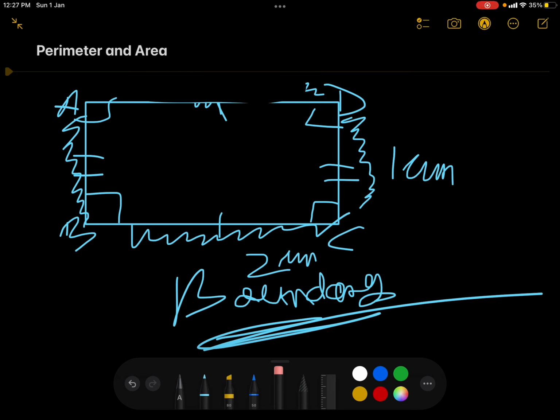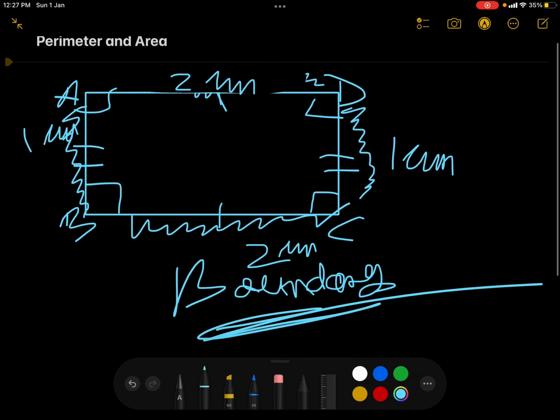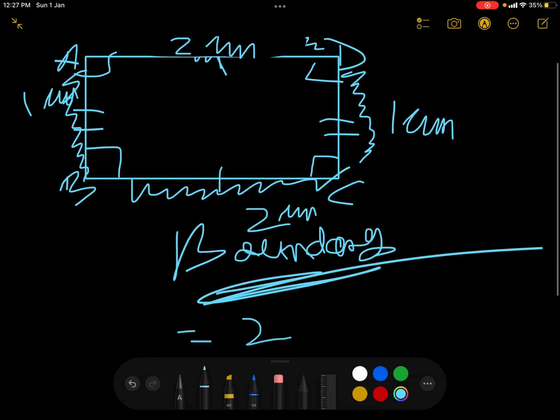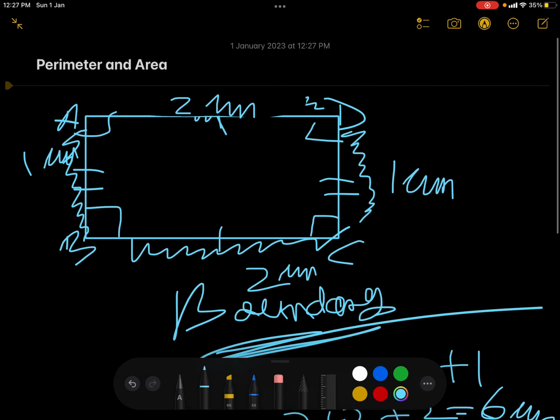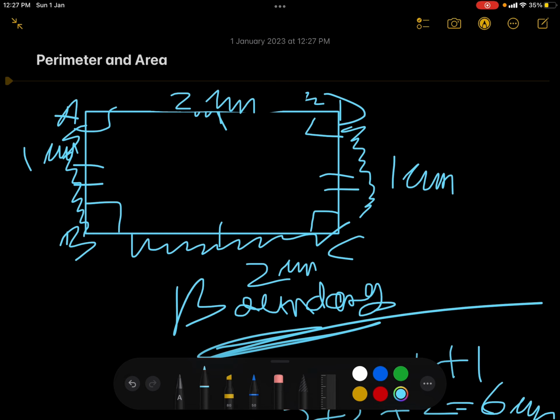So what will your boundary be? It will be 2 plus 2 plus 1 plus 1, which makes 6 centimeters. So 6 centimeters is going to be the boundary, or the perimeter.